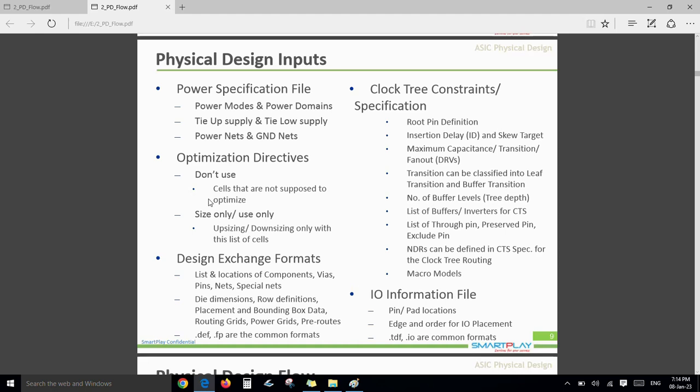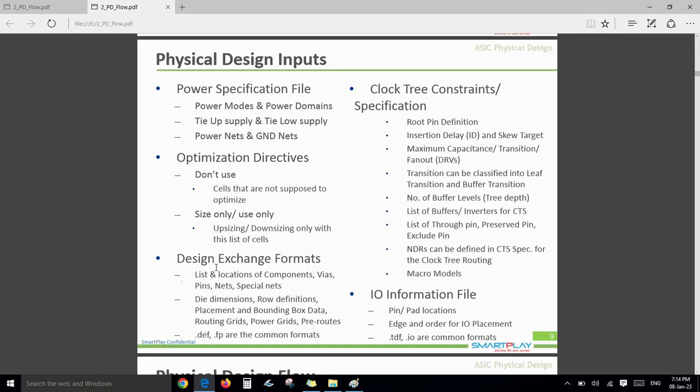We need not mention those nets in the cells, like I can say some buffers I don't need to use. If I have LVT buffers, I don't use them in the data path. So those things I can use as size only. Or if I don't want to size some specified path, then I can mention it here. If I don't want to size those specified paths, I can mention it here.